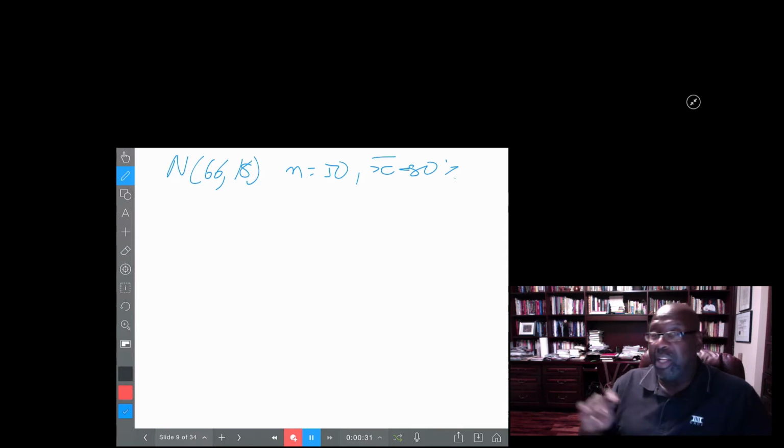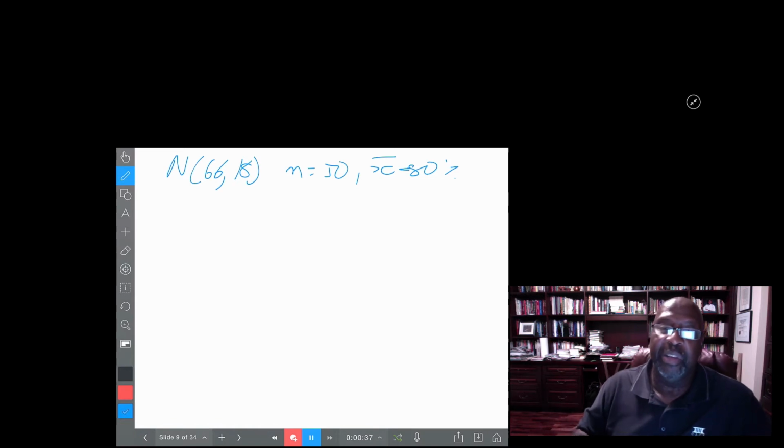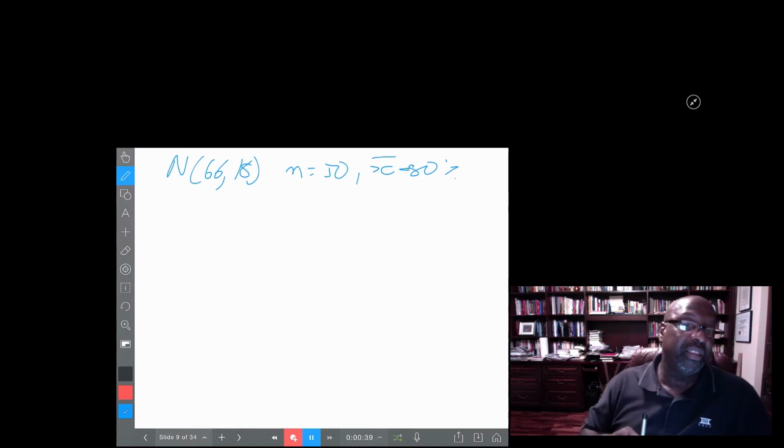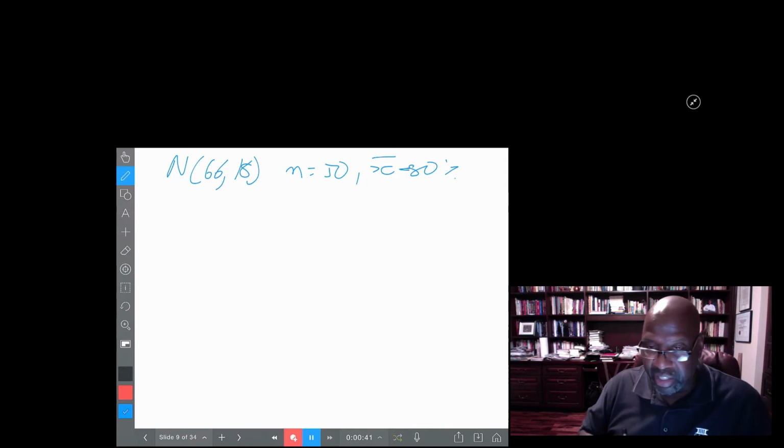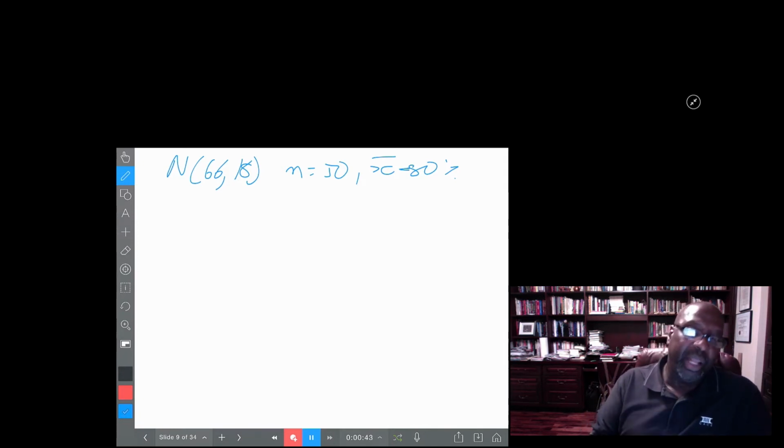So we already calculated the probability of finding, in a random sample of 50, an average of 80% if the mean is 66 and the standard deviation is 18. Well, we're just putting that in the context of a hypothesis test.